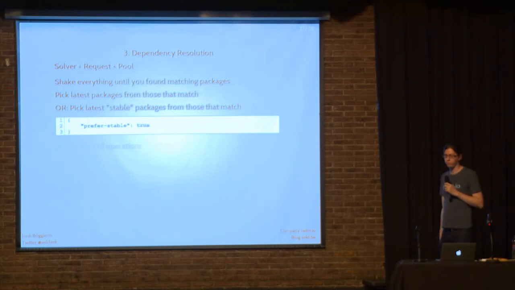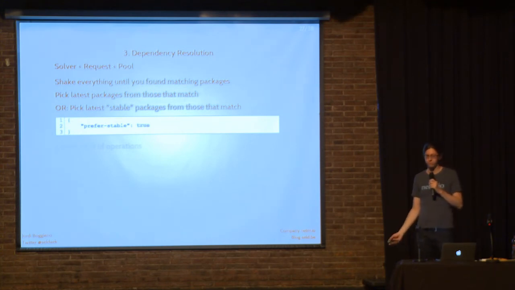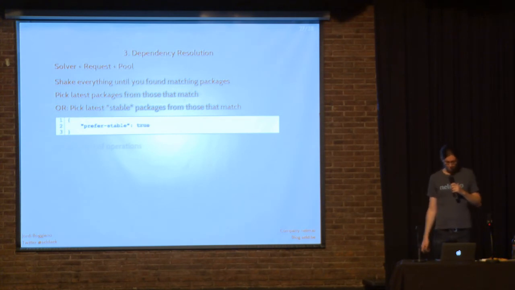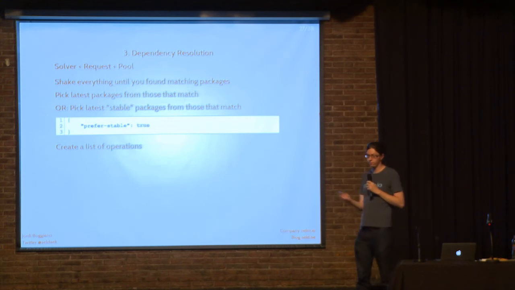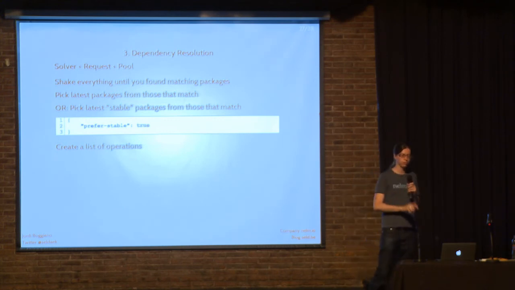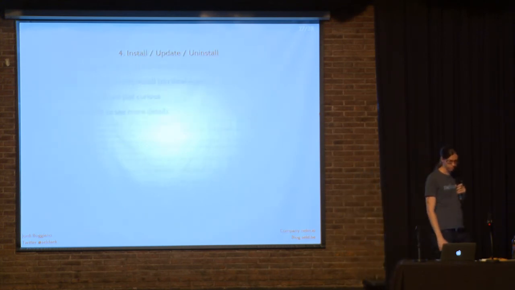So that's probably a better setting, but we can't really change the default without freaking out everyone. And so yeah, at the end you have this list of operations which can be install, update, or remove.